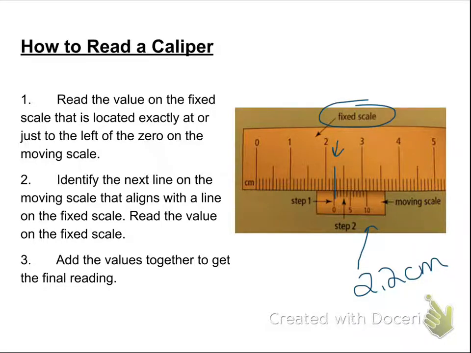Now to get the next place value, the hundredth of a centimeter, we want to identify the next line on the moving scale that aligns with a line on the fixed scale. That sounds really confusing, but really what that means is I'm looking at all these values on this moving scale to figure out which one lines up the best with the top scale.